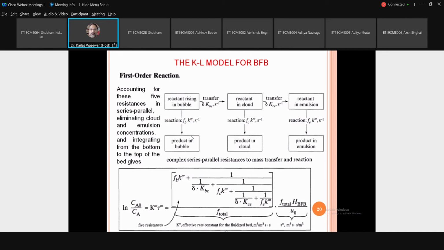But here there will be the big resistance term with fb K, this one. No further series, but this is in parallel to this one. But this is again in series with this. This is again in parallel with this one, but in series with this one.